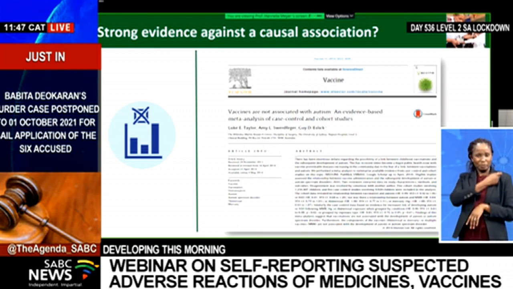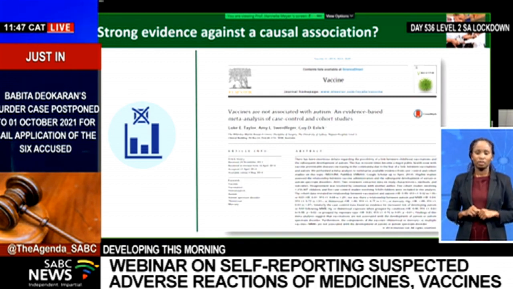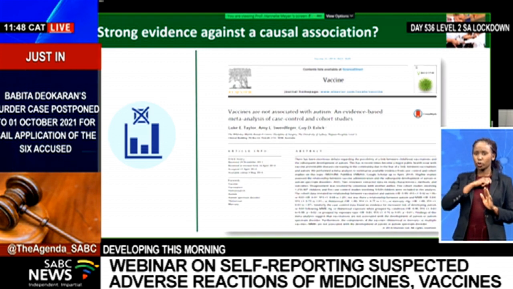This is a very well-known example, and it's about especially the mumps, measles, rubella vaccines, or some of the other vaccines being responsible for autism. So there are already hundreds of publications out on that showing there is no causal relationship between vaccination and autism. And this is just one of the examples of a meta-analysis.